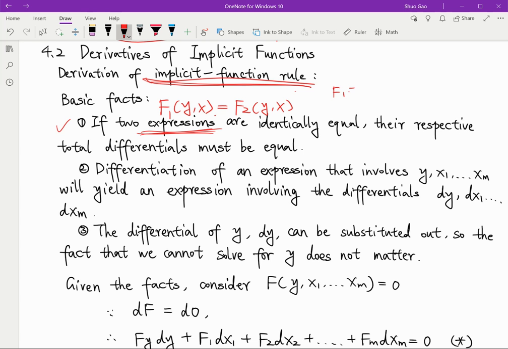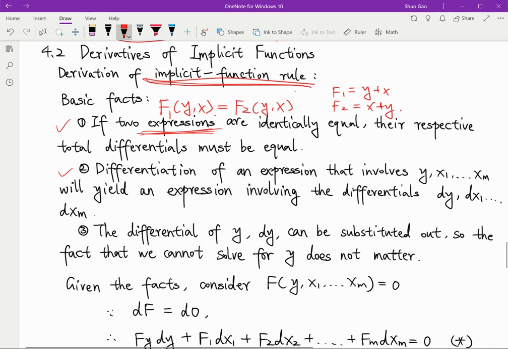So for example, f1 may be y plus x, and f2 equals x plus y. So the expressions are identically equal. And if this is the case, then their respective total differentials must be equal. That's easy to understand, because they're just the same thing, so the differentials have to be the same thing also.